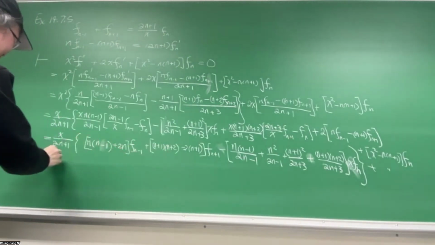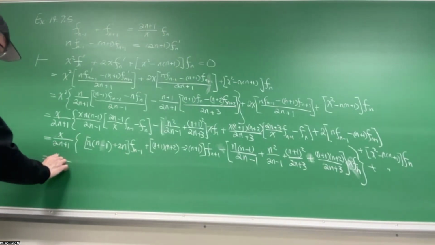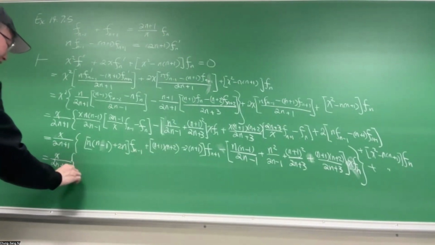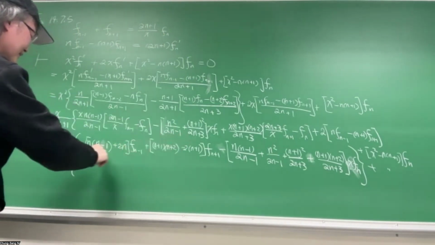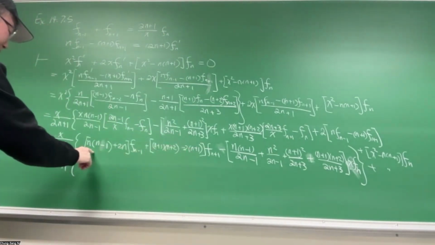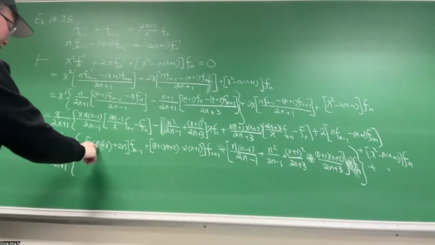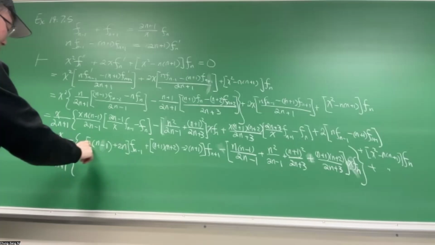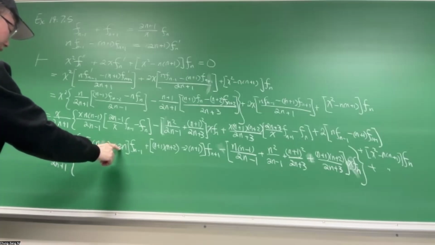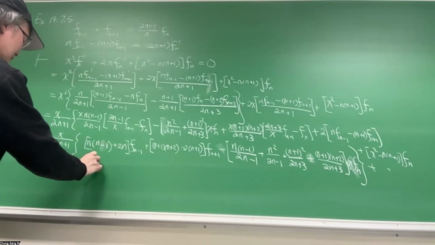Let's try. Let's see this. This will give you some nice cancellation. N squared minus n plus 2n becomes n squared plus n, becomes n times n plus 1.